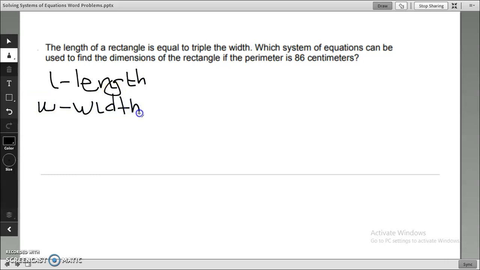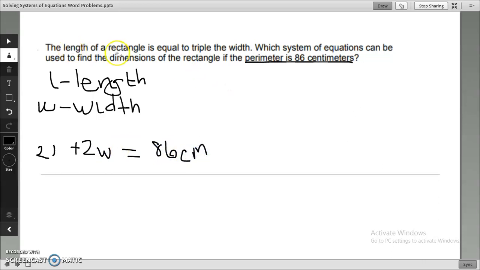Helps us out. Just makes everything better. Okay, let's start here at the end. I like to start at the end. The perimeter is 86 centimeters, and we know the perimeter for a rectangle is 2 times the length plus 2 times the width, and that's equal to my 86 centimeters.